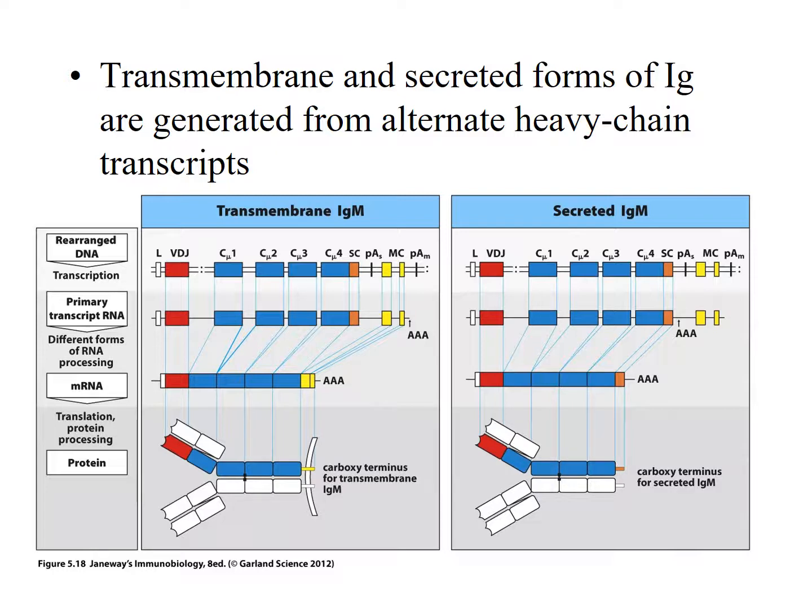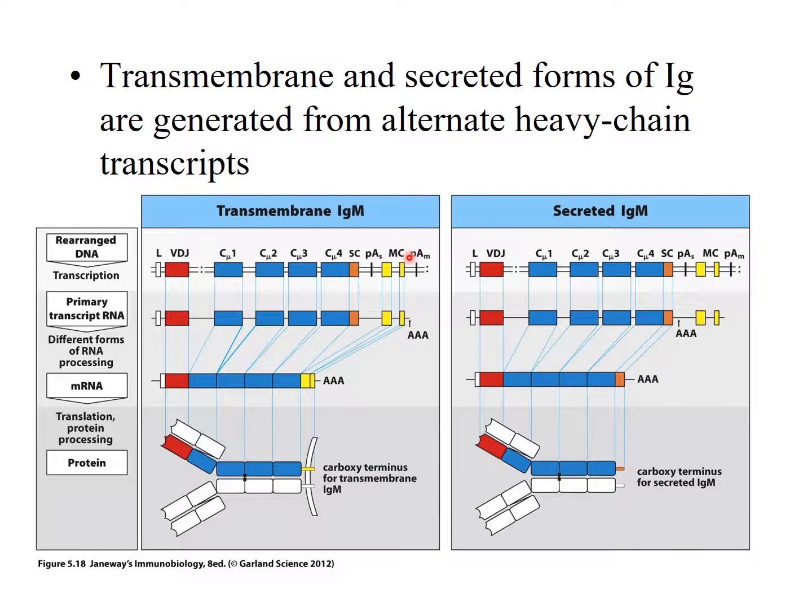Now, if you want a transmembrane antibody, basically you want this antibody to act as the receptor for this B cell, then what you have to have is what is referred to as the membrane-coding domains.